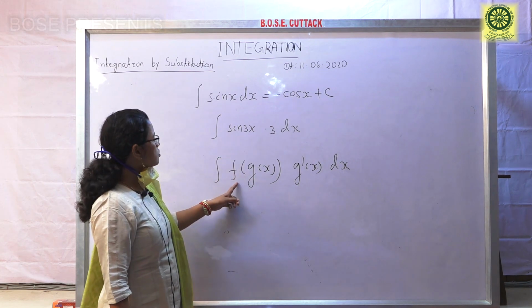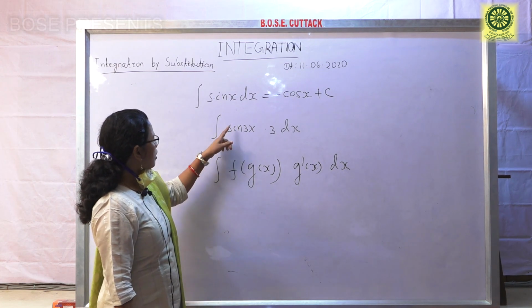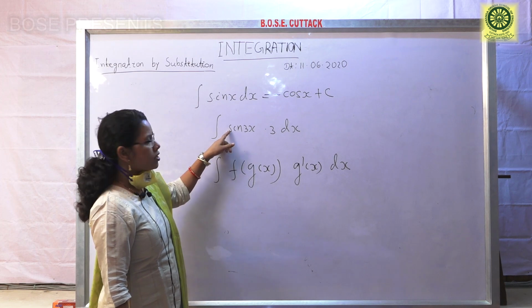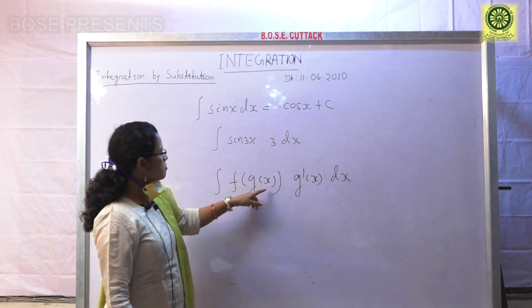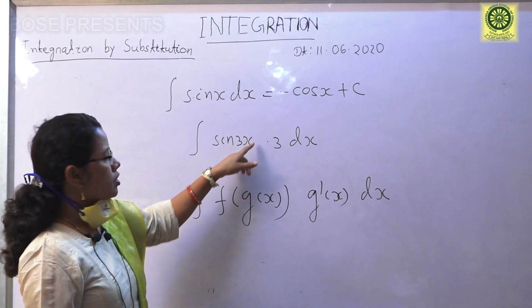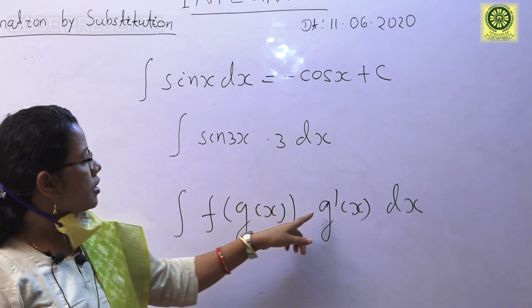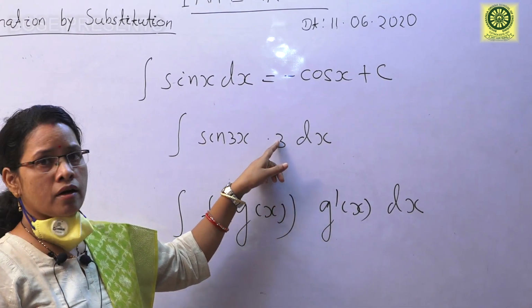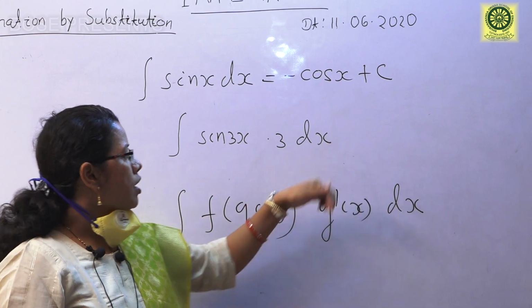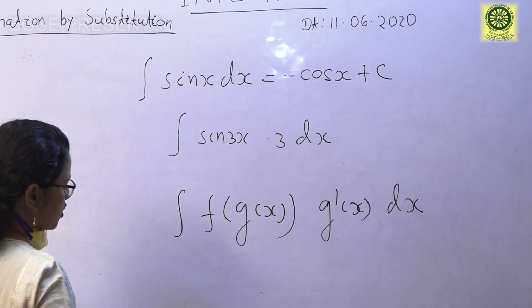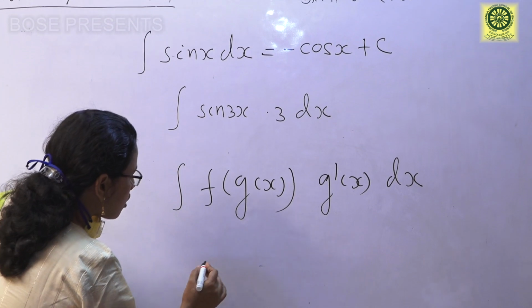By comparing these two, in place of f you have sine, in place of g of x you have 3 into x, and in place of g dash x you have 3. And you have to integrate with respect to x. Then how will you solve it?